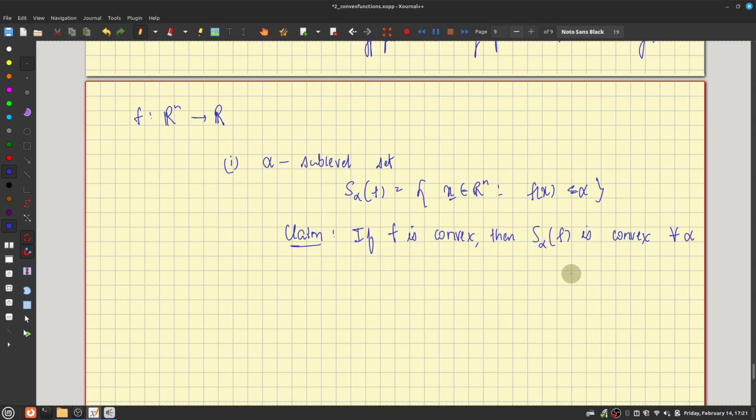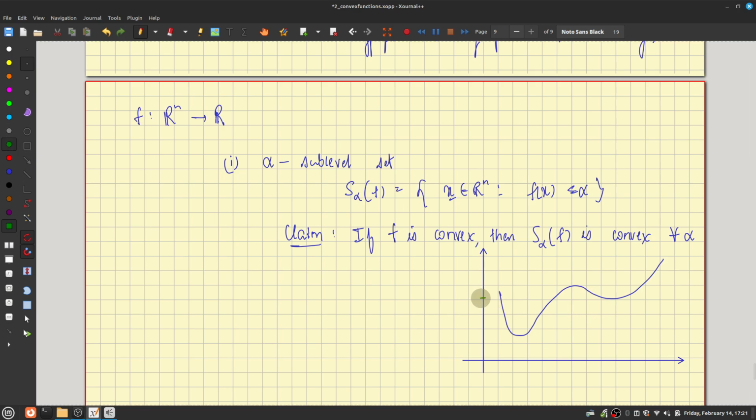So what does this mean? Let's say I have a function, perhaps let's take something that is non-convex, and I fix a particular value of alpha, which is essentially a particular y value.